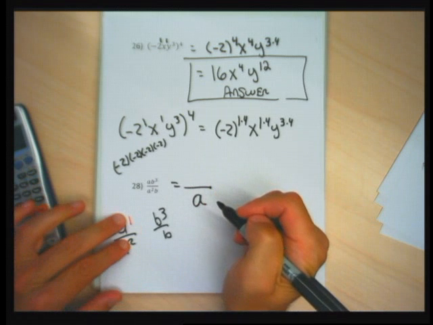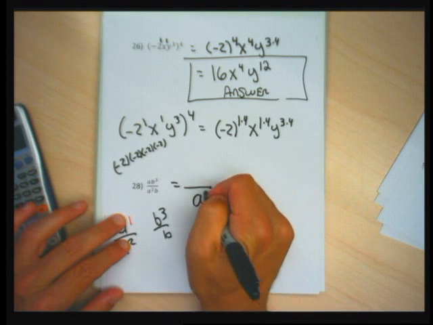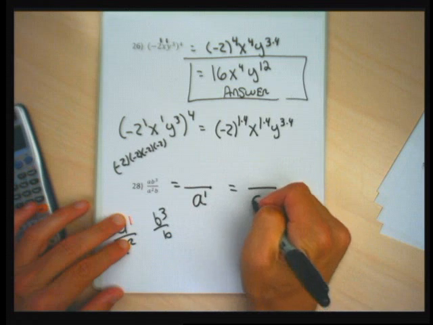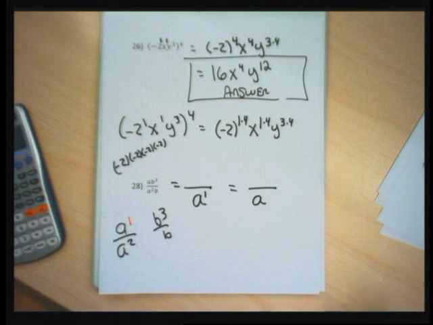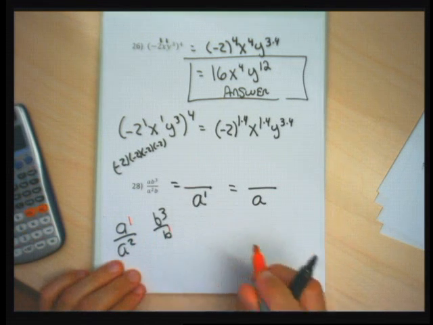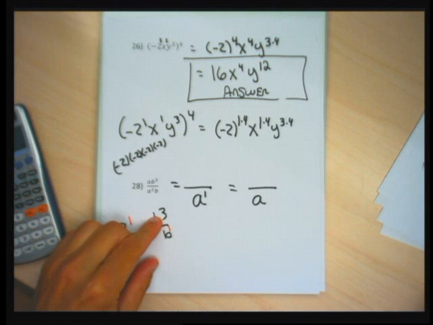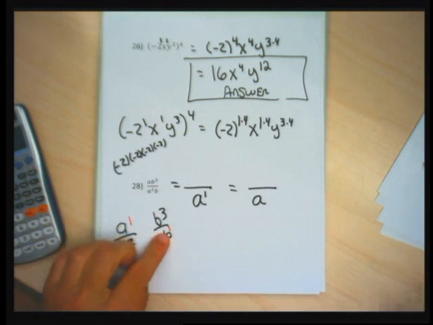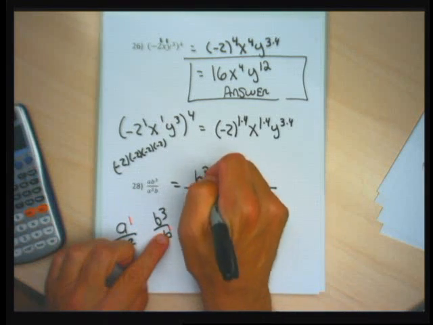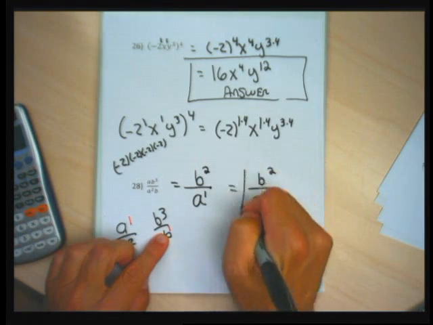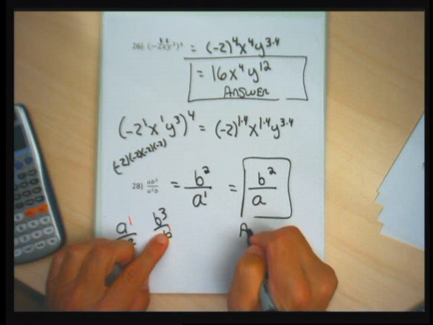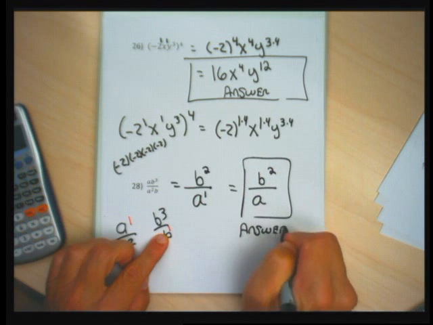Its exponent's going to be 1. So instead of writing the 1, I would probably just write a. The b's are going to wind up in the numerator because the bigger exponent, 3, is in the numerator. I'm going to subtract the exponent of 3 that I see, the 1 that's implied, and get b to the second power. If I was writing an answer to 28, the best answer would be b to the second over a.